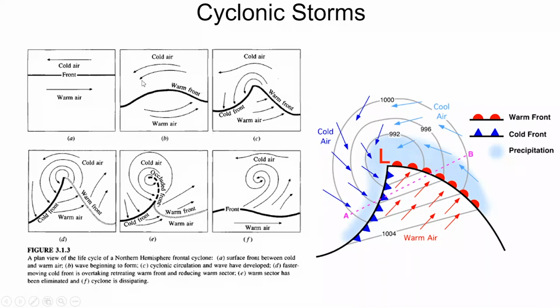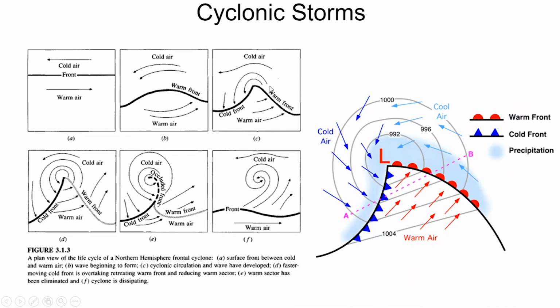So the cold air, which is pushing into this warm air, that leading edge is called the cold front. Similarly, this warm air is pushing into cold air, that leading edge is called the warm front. And the cold air, generally, its velocity will be high because this is a low pressure region.